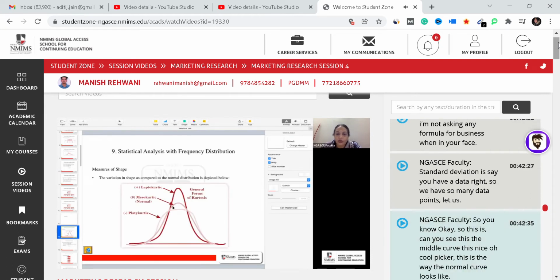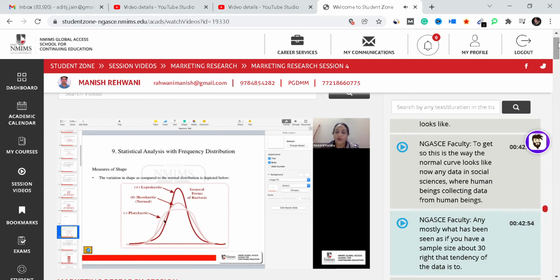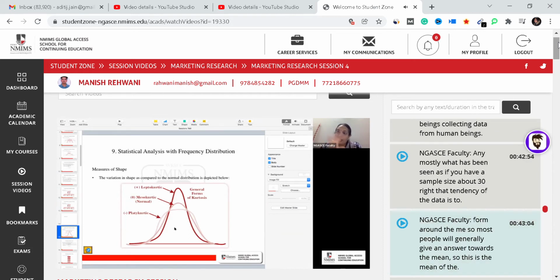Can you see this, the middle curve, this mesokurtic curve? This is the way the normal curve looks. Now, with any data in social sciences where we're collecting data from human beings, mostly what has been seen is, if you have a sample size above 30, the tendency of the data is to form around the mean.